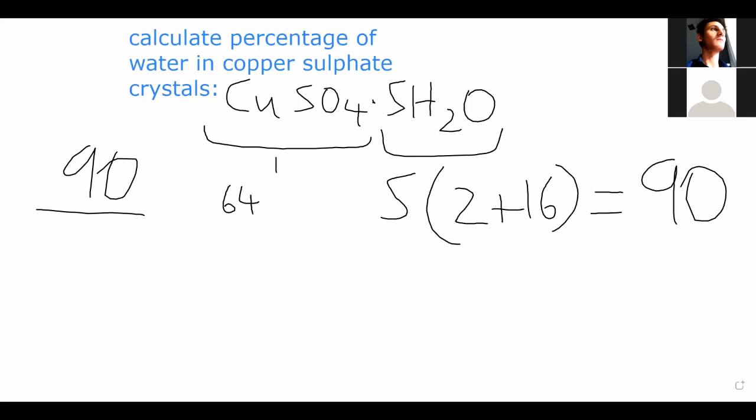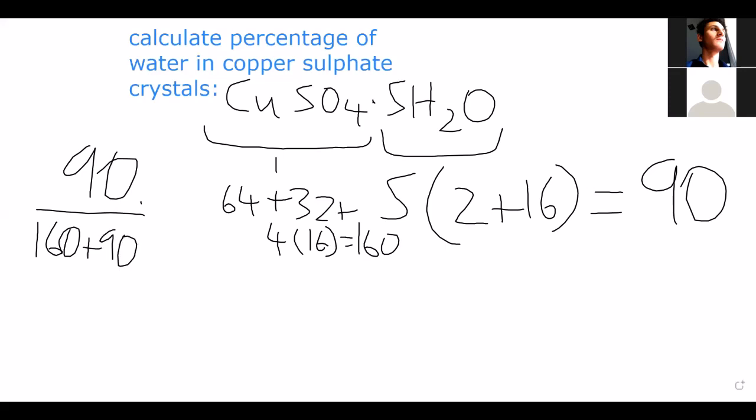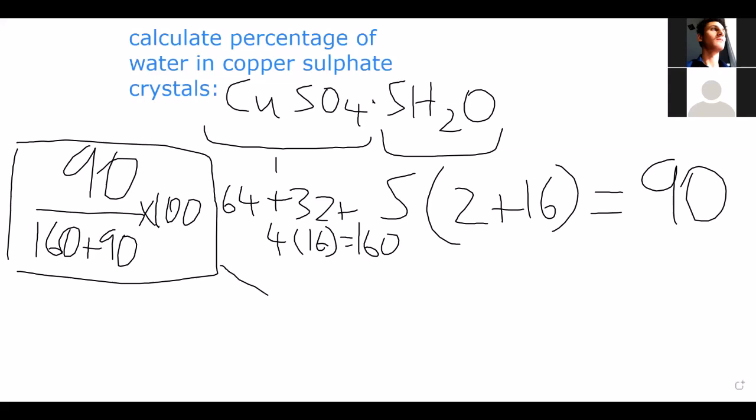So 64 plus sulfur is 32 plus 4 times 16. 160. So divided by 160 plus 90 into 100. So the answer is coming 36%.